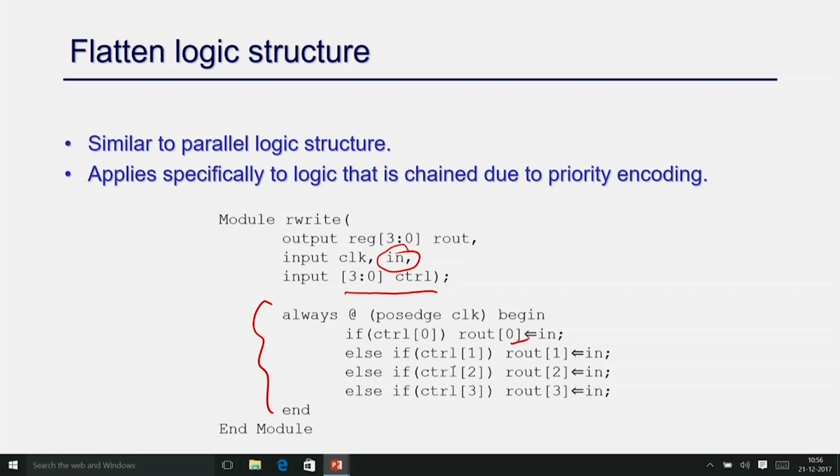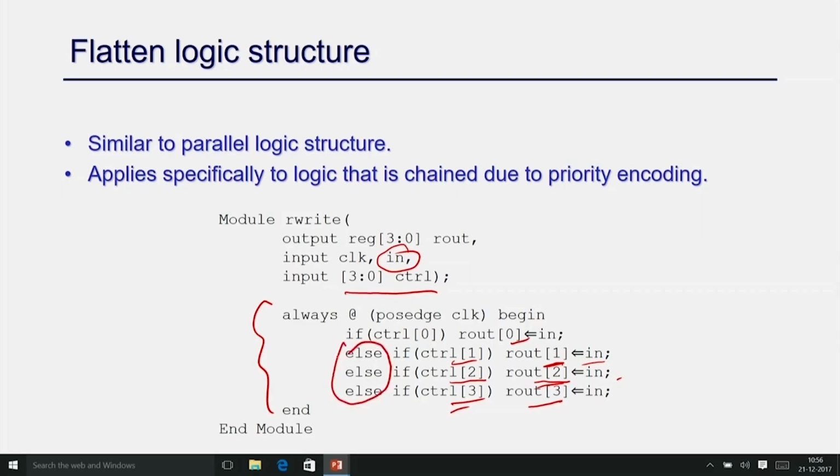If control bit 1 is 1, then you update bit 1 of that output with this input. Similarly, if control bit 2 is 1, then you update R out 2, the third bit of the register, and similarly if control bit 3 is 1, R out 3 is updated with this input. Other bits will remain as they are, right. This is very obvious when you write it as an else if chain.